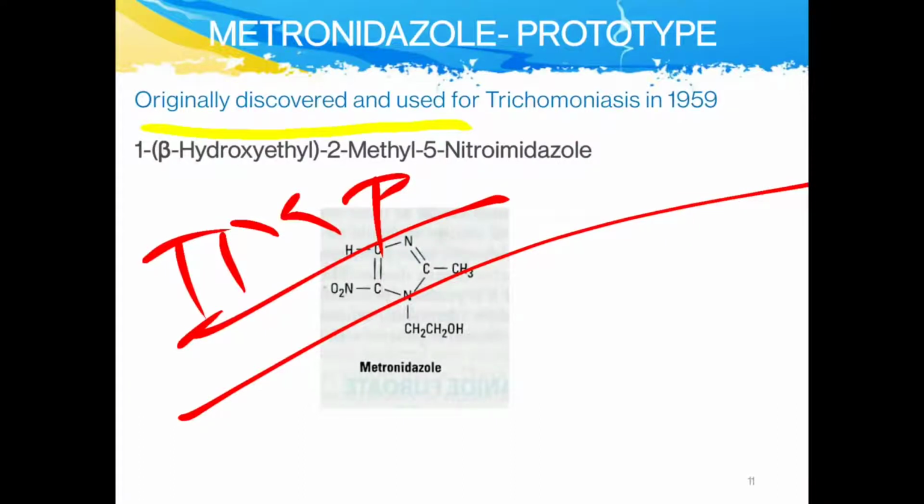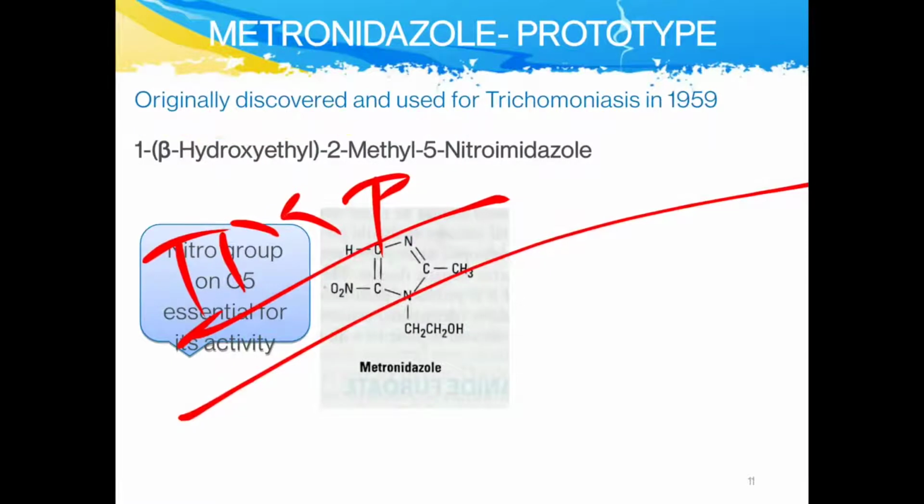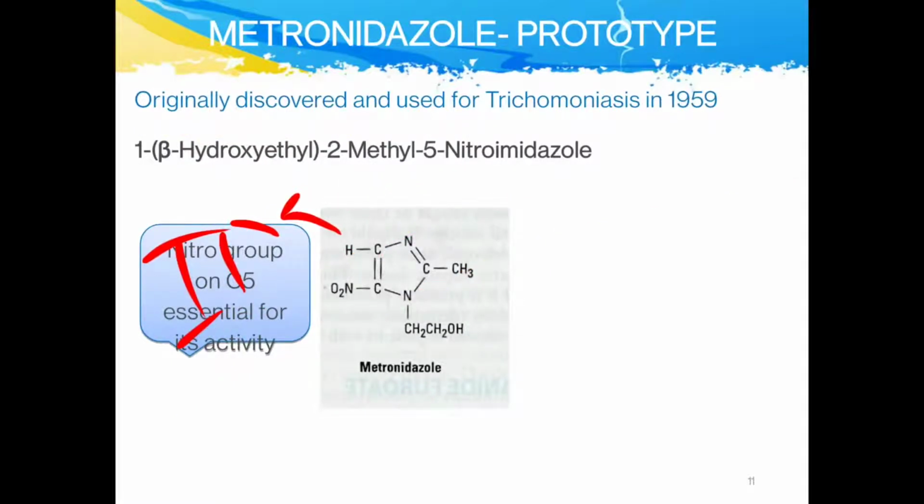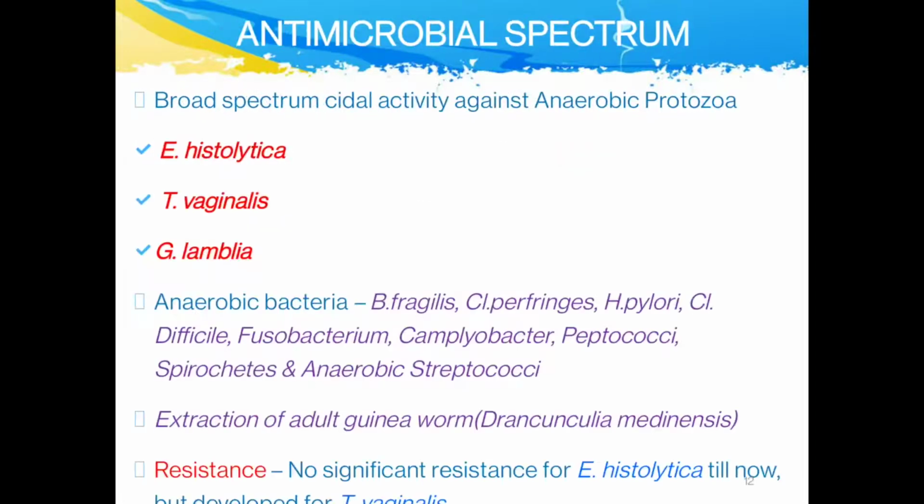The chemical name is 1-beta-hydroxyethyl 2-methyl 5-nitroimidazole. The nitro group on C5 is essential for its activity, as given in the diagram.